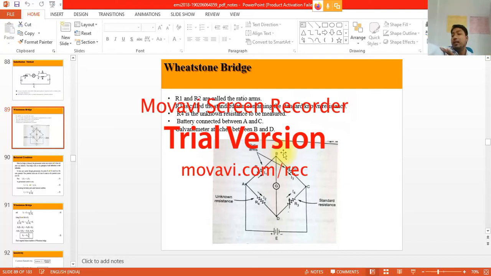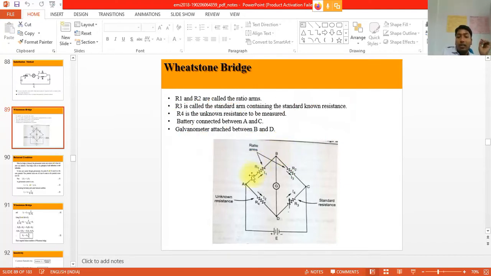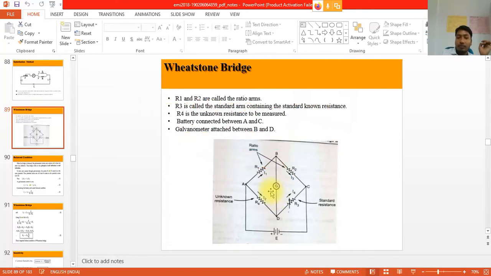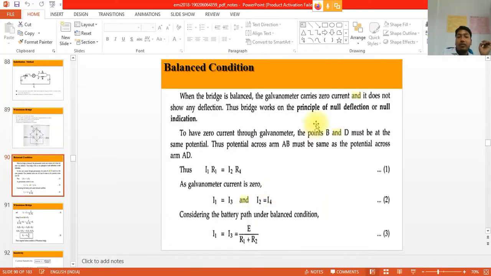When the bridge is at balance, the potentials of B and D are the same. That's why there will be no deflection, or no current in the galvanometer. To have zero current through the galvanometer, the points B and D must be at the same potential.